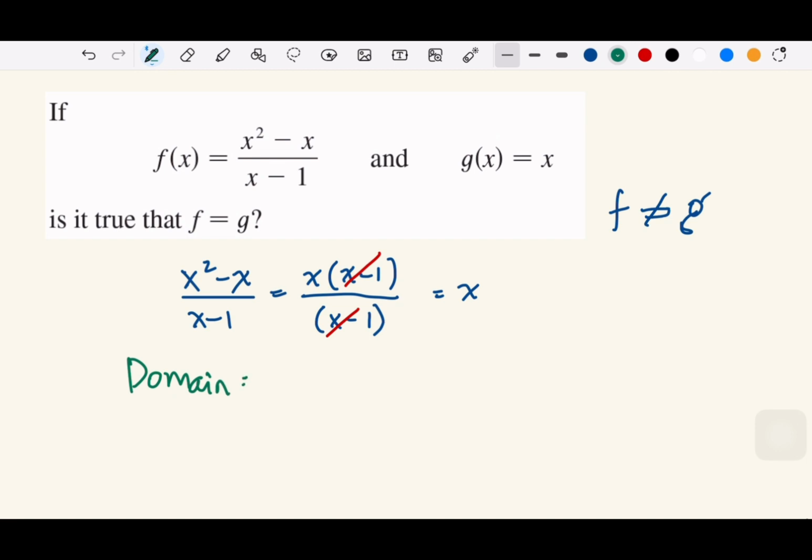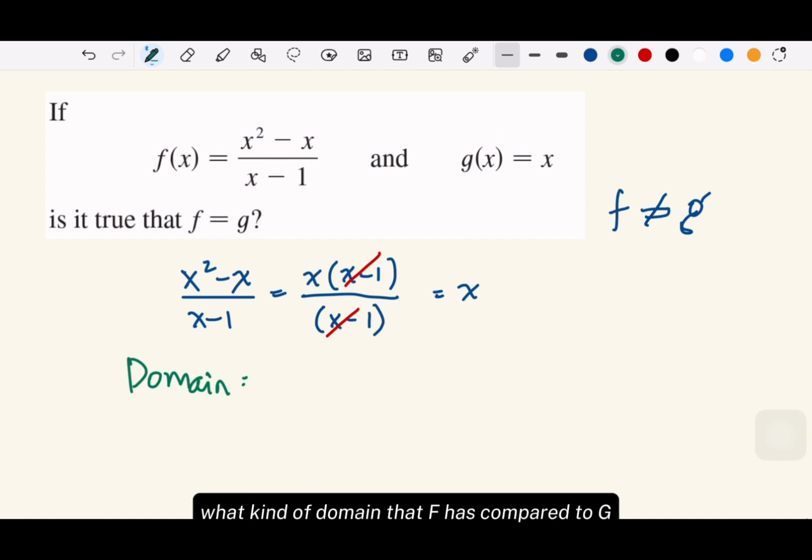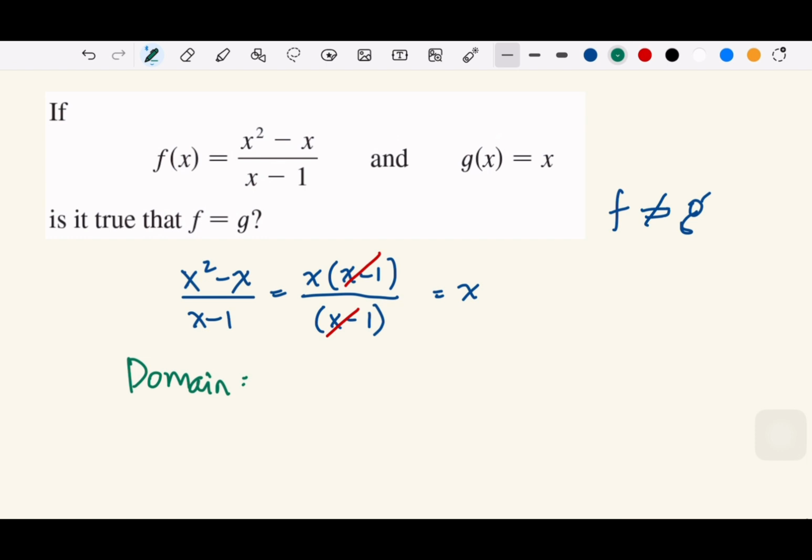For f, we should have the domain, right? What kind of domain does f have? Compared to g, we can input any number into g, no problem. 100, 1 million, we can put in g.